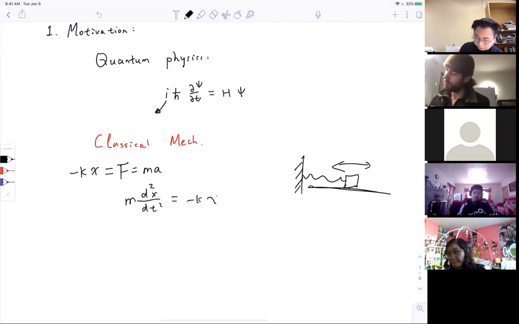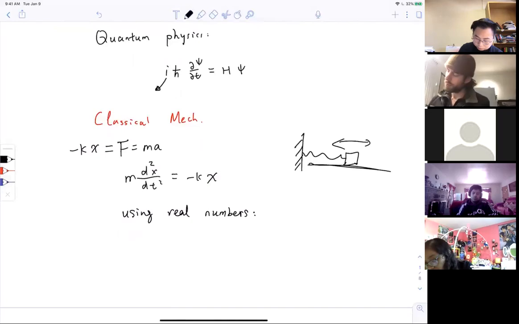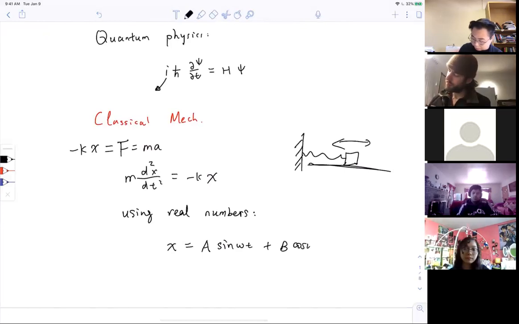Using real numbers, we can solve for x as a times sine omega t plus b times cosine omega t. The frequency here is just the square root of k over m, right?